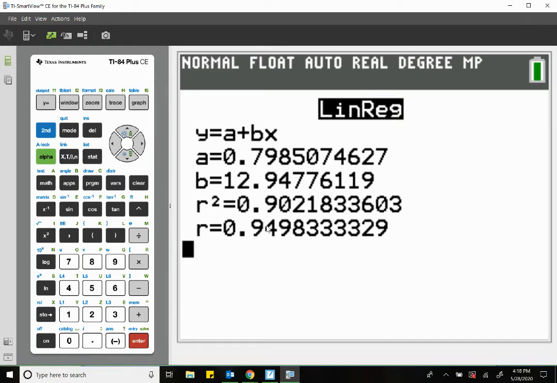And there it is. Now you know the R value. The A and B and the R squared stuff will come into play later. But if we didn't turn the diagnostic on, we wouldn't get the R squared or the R. Turning on the diagnostic is what gives us the R squared and the correlation coefficient.